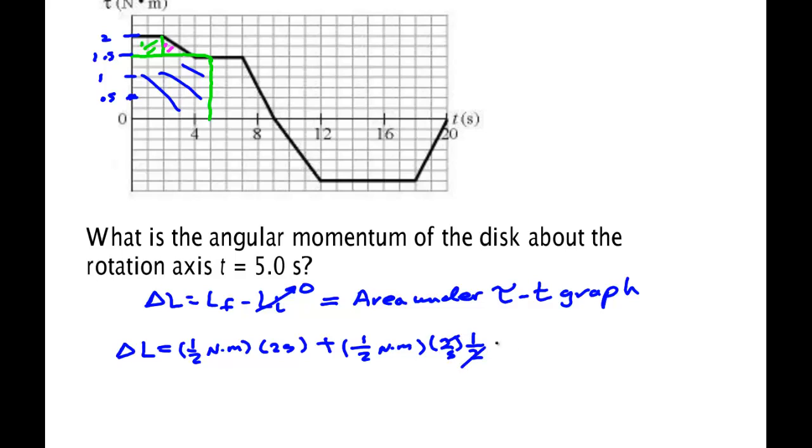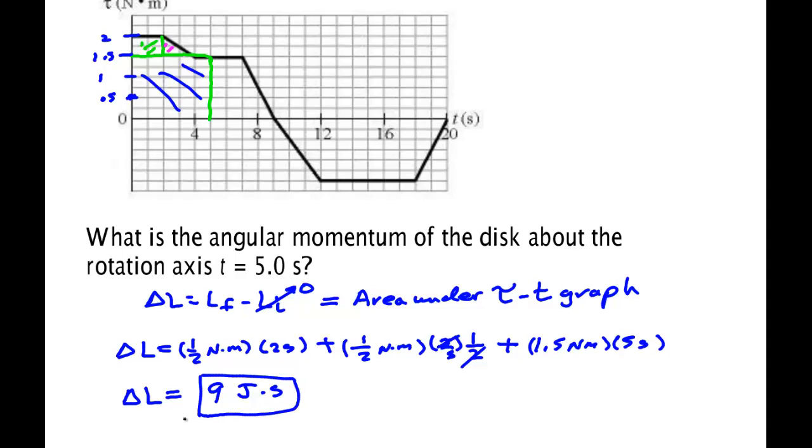That 2 cancels that 2. Plus, I had a 1.5 Newton meter height of a rectangle times a total of 5 seconds. So delta L is, this is 1, this is 0.5, this is 7.5. 7.5 and 0.5 makes 8, plus 1 makes 9. So this is 9 joule seconds. That's the change of angular momentum for this particular problem.